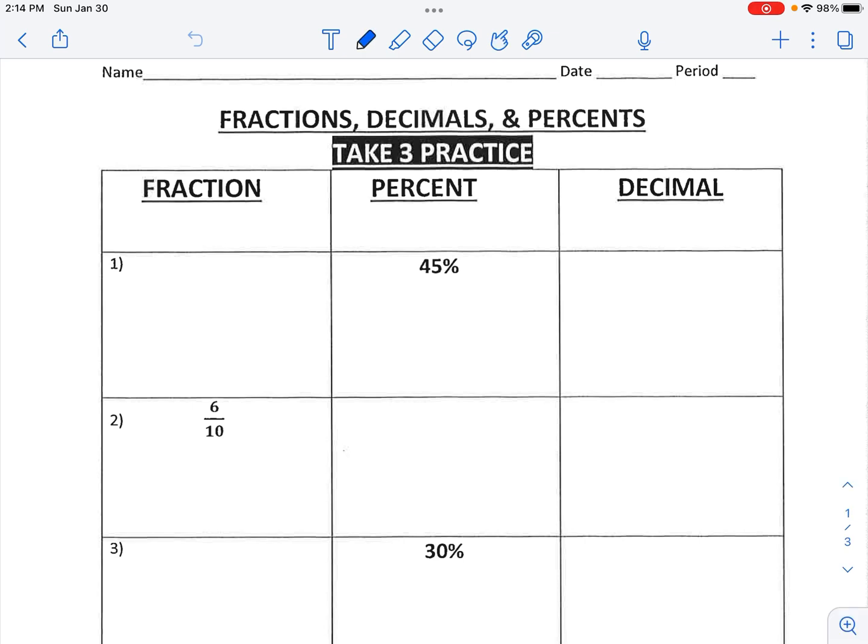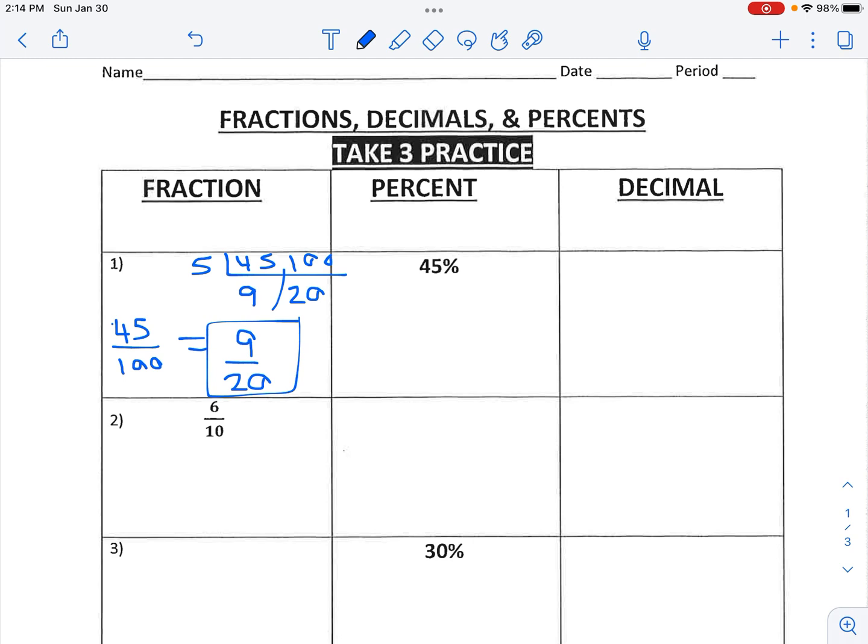All right, so 45% going to the fraction. 45% means 45 hundredths. And I know that that can be reduced. I know those numbers are divisible by 5. So 45 hundredths, look at your final answer. Make sure you simplified 45 hundredths to 9 twentieths.